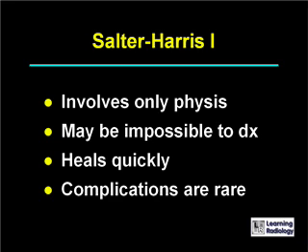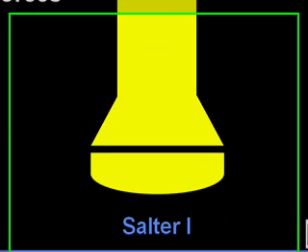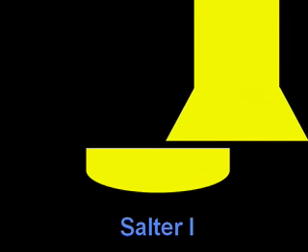Unless there is some displacement of the epiphysis on the metaphysis or widening of the epiphyseal plate, these can be impossible to diagnose. They tend to heal quickly in a matter of just a few weeks, and complications are rare. Salter-Harris 1 fractures are the result usually of shearing forces.